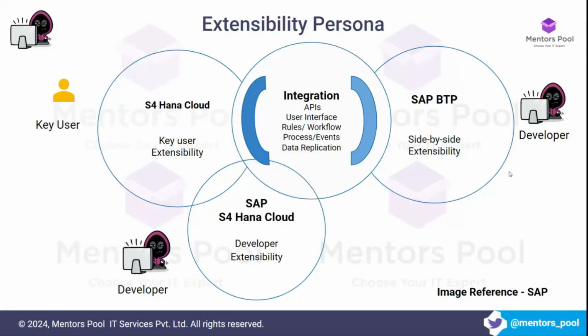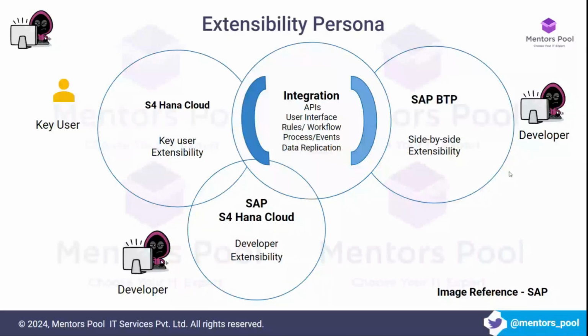If you put these people into three boxes, you will have developers or techno-functionals, or key users. A developer on the cloud side would be responsible for SAP BTP side-by-side extension. A developer on the on-premise side would be responsible for developer extensibility in SAP S/4HANA Cloud.